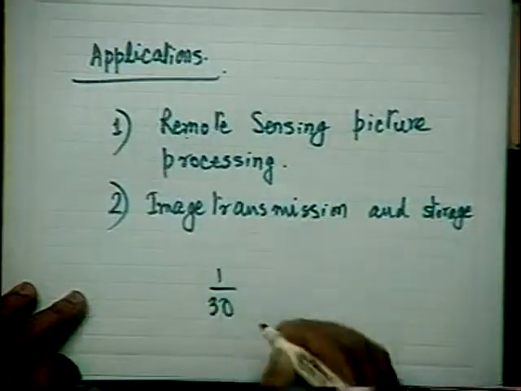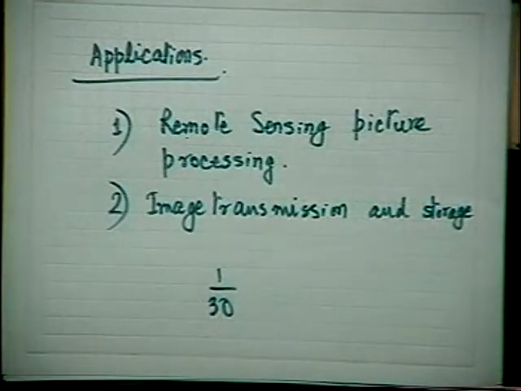So I have to transmit 64 kilobytes of pixels for every 1/30th of a second. You can well imagine what a difficult task it is: if you calculate the bandwidth of the channel that can transmit this image, you will find that the bandwidth requirement is enormous. So it may not be possible for us to transmit the entire image of 256 by 256 by 8 pixels.